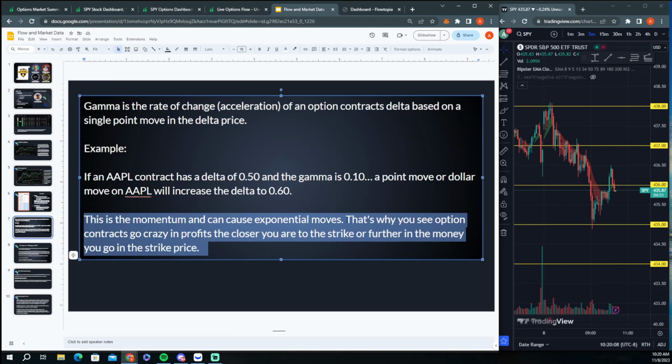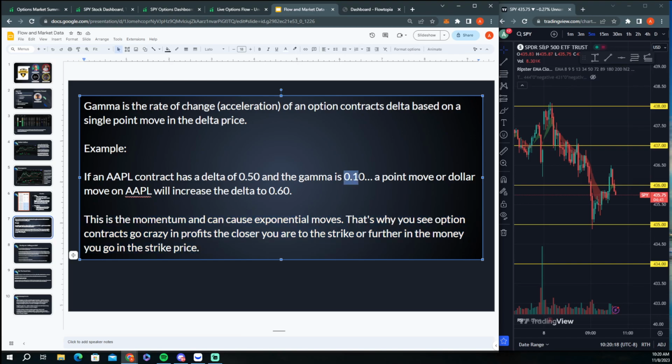You can see that there was a huge gamma squeeze and short squeeze on that. You can see the option contracts went absolutely insane, and that's because of the exponential move between gamma and then delta. The gamma kept increasing, and in turn that increased the delta, and that's why it just went absolutely insane, and that's why people made so much money on that squeeze there.